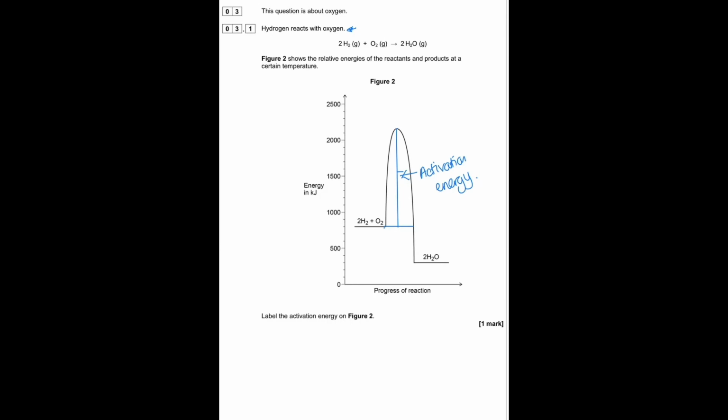Now for the next question, 3.2, we've got to determine the overall energy change. Now to do that, and that will be in our kilojoules, we need to work out the energy of our reactants here is 800 kilojoules, and the energy of the products here is 300 kilojoules.